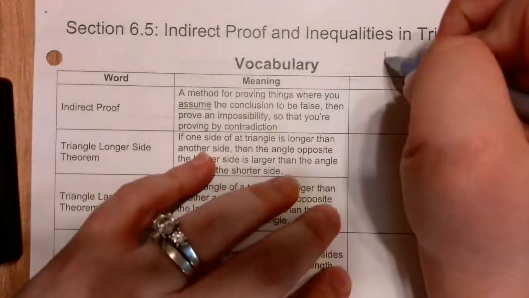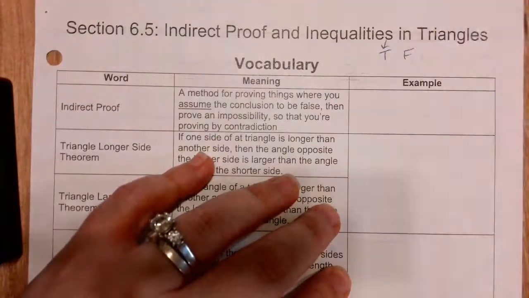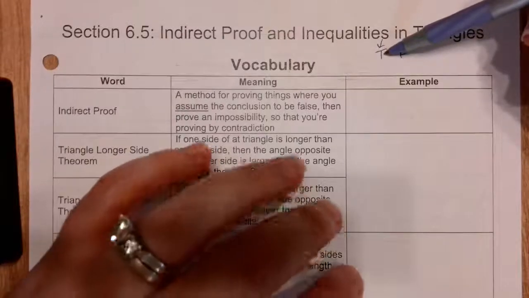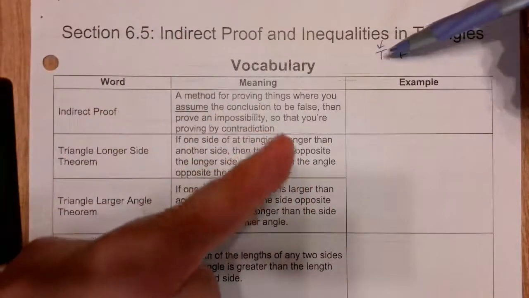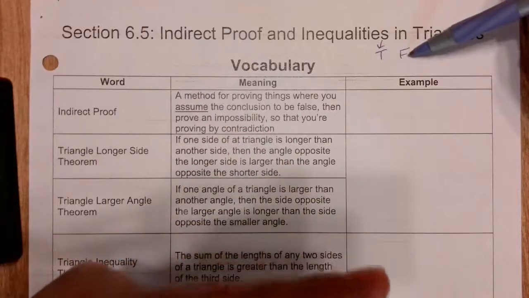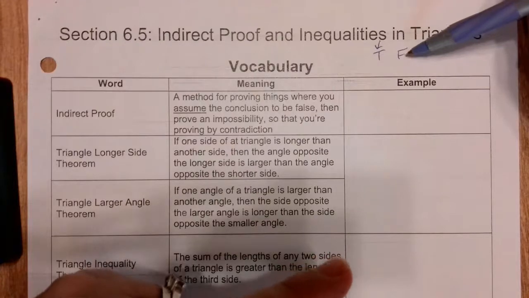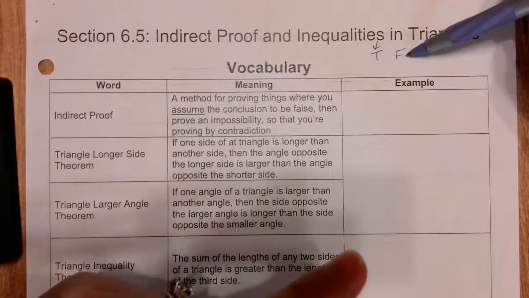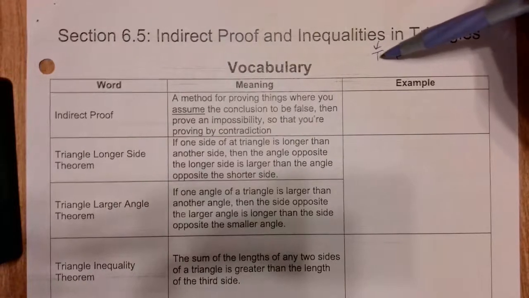Let's say we're trying to prove something is true. Well, maybe there's no way to prove it's true. So instead of proving it's true, we prove that it cannot be false. Well, if it is impossible for it to be false, then what that means indirectly is that it must be true.